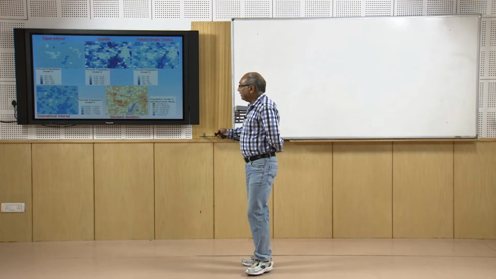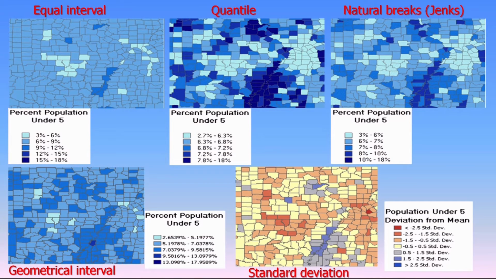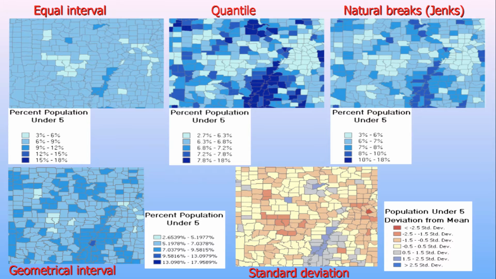In equal interval, 3 to 6 is one class, 6 to 9 is another, 9 to 12 and so on. But in quantile this changes depending on the frequency, and in natural breaks groupings have been identified and the classes assigned accordingly.